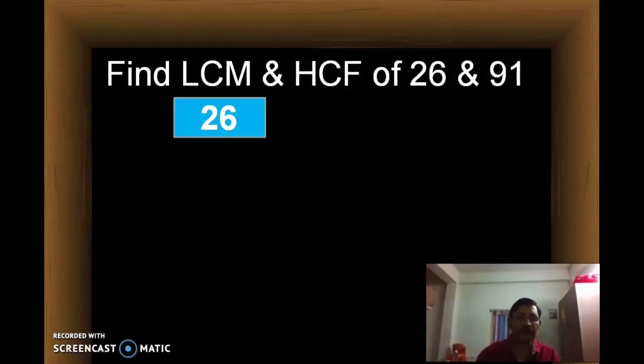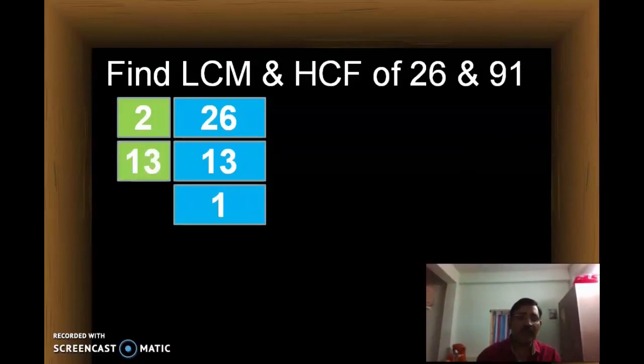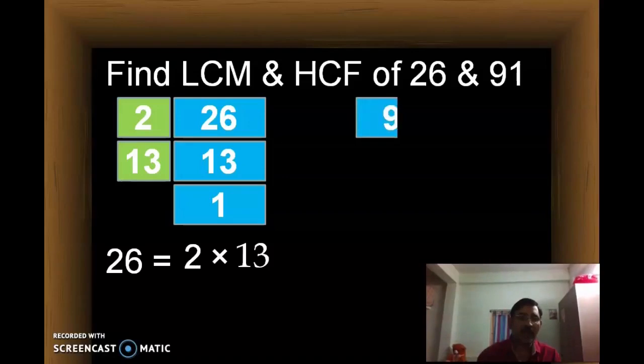First of all, for 26, we try to find the prime factors. It is divisible by 2, giving 13. So we can observe that 26 is equal to 2 into 13.